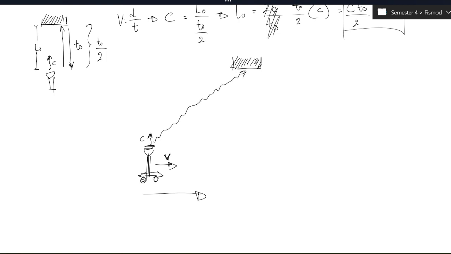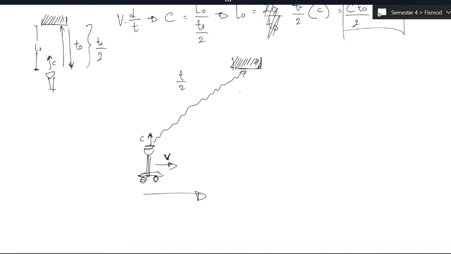And from here to here, we should take the time that it'll take to reach that place as t. Or maybe to simplify things, let's just take that as t over 2.